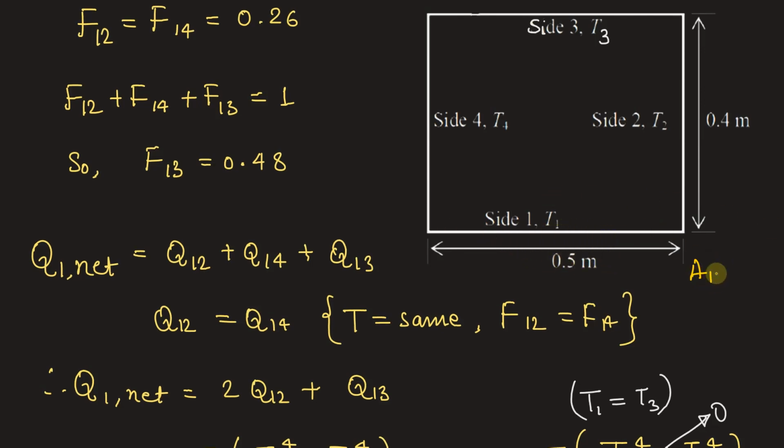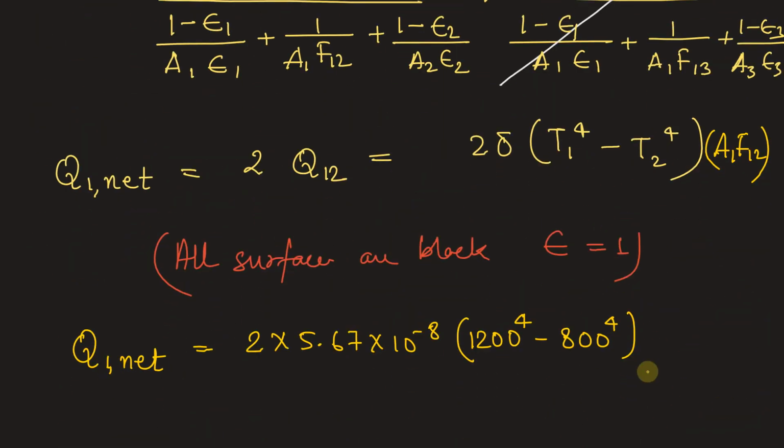So A1 will be equal to 0.5 times the length of the furnace. Let's say that be L. So we can write here area A1 will be 0.5 times L multiplied by F12, which is 0.26. In the problem it is already given.